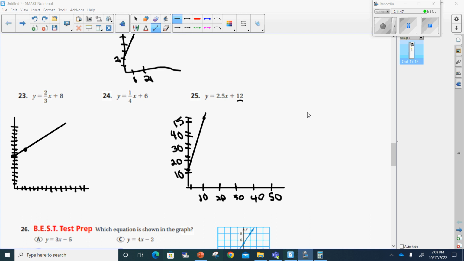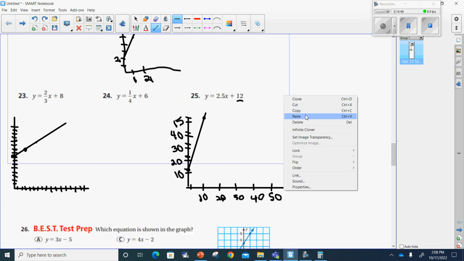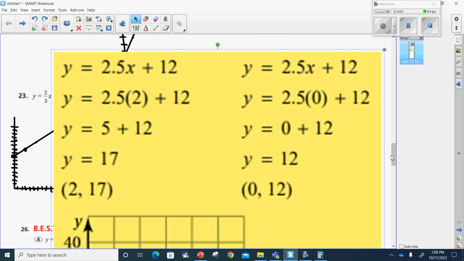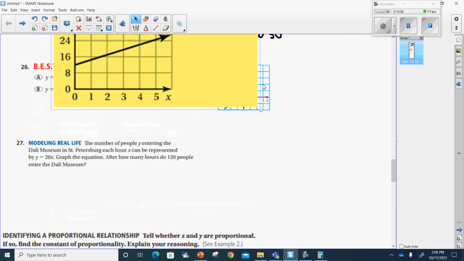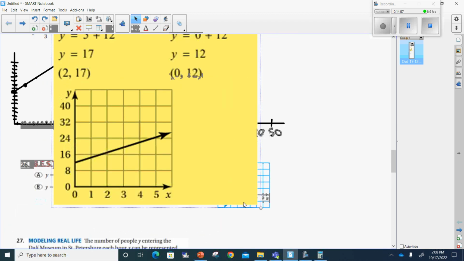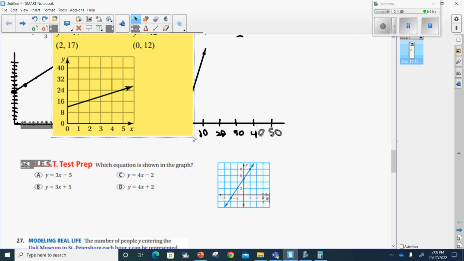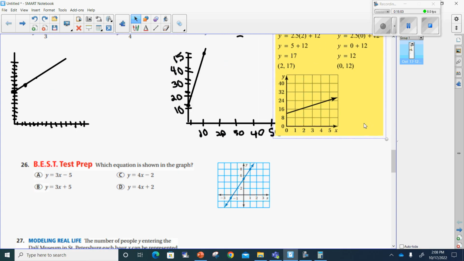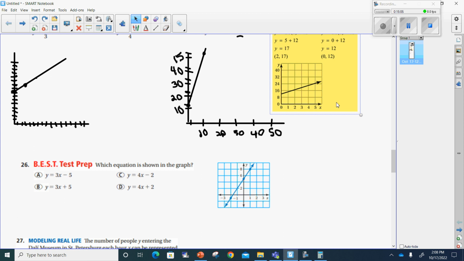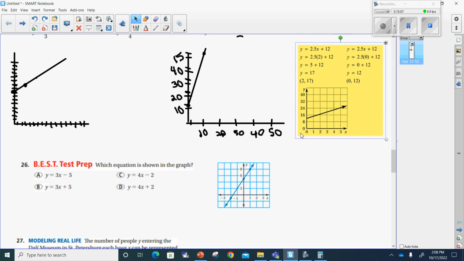Another way you could show this will look a little different. Bring it over here, because you don't have to have the scales the same. I know I did it on that one, but in reality, you could have them much different. Like on this one, they're showing the X's are in ones and the Y's are in eights.